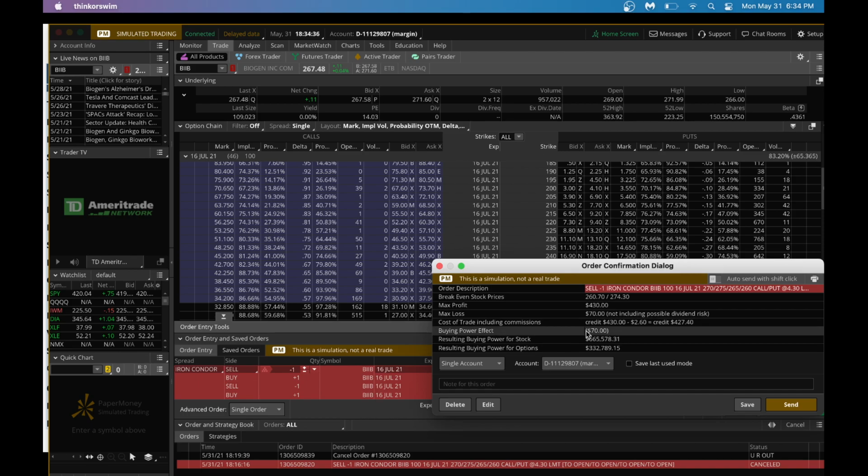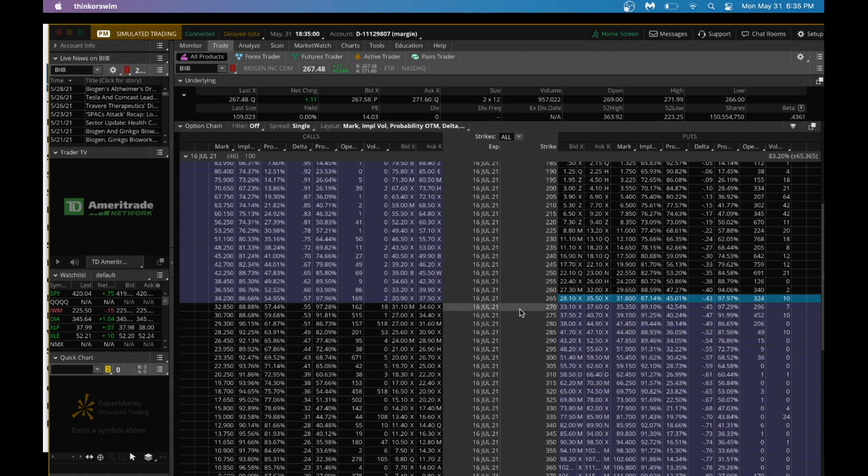So this is a scenario where if you lose, you lose $70. If you win, you win $430 or somewhere in between. So it may be an okay risk-reward type bet here. Hopefully the stock does not make too big a move. But even if it does, you're losing only $70. This is one way to play.